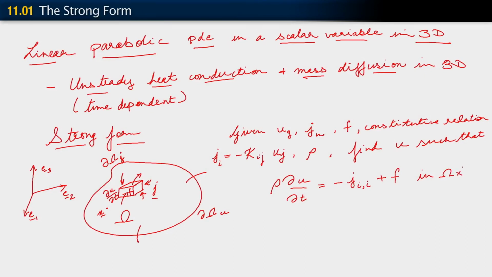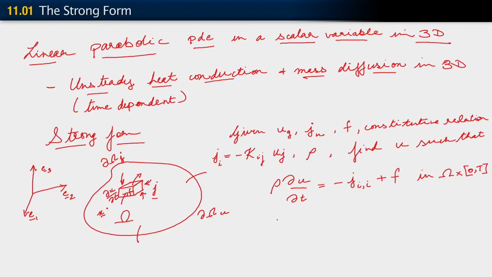And that is indicated by a cross 0, capital T. So the closed interval 0 to capital T is our time interval of interest. When we write omega cross that time interval, we are just saying that our PDE holds over a certain spatial domain, omega, and over a time interval 0 to T.